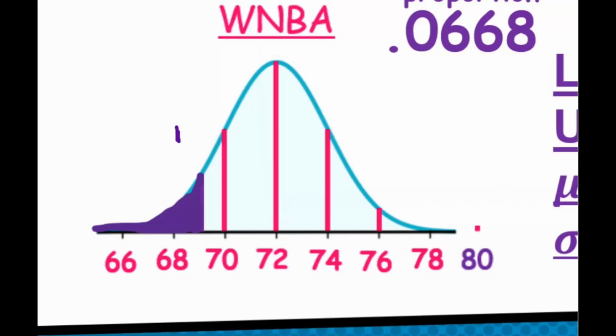As a percentage, we can just move that decimal place 2 units to the right, or multiply the proportion we get from the normal CDF by 100, and it will give us 6.68%. So about 6.68% of this graph is shaded, which represents WNBA players that are shorter than 69 inches.